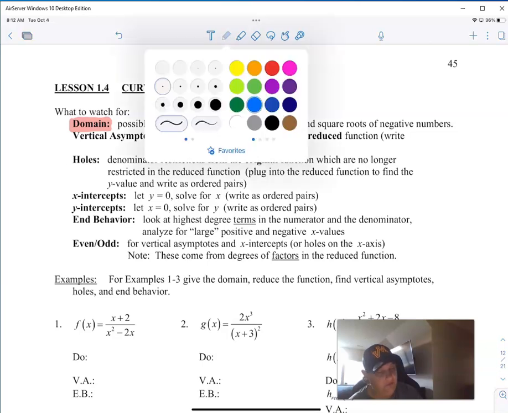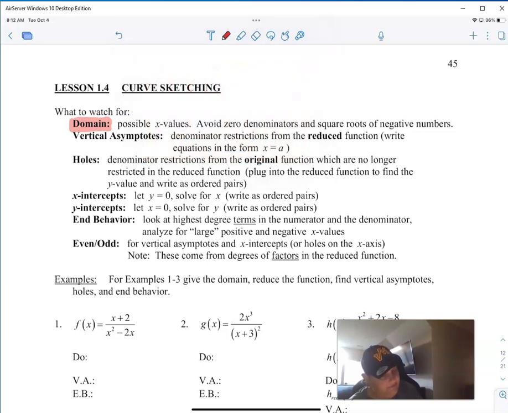For rational functions, what we're basically looking at is bottom cannot equal 0, all right? That's 0 in the denominator. And then the other thing is square rooting negative numbers, okay? We can't do those two things, all right? Okay, perfect. Next, vertical asymptotes.